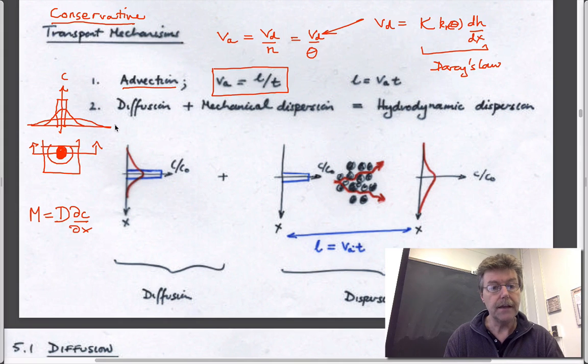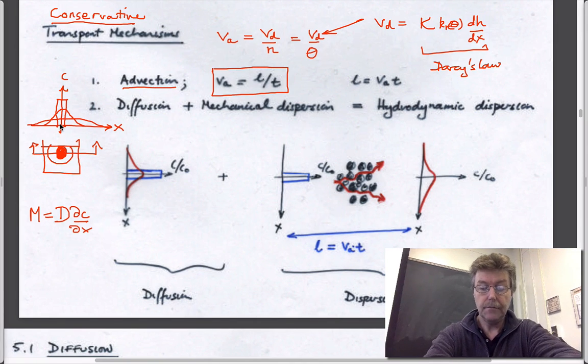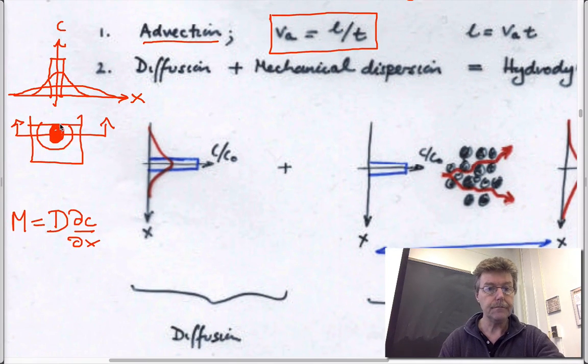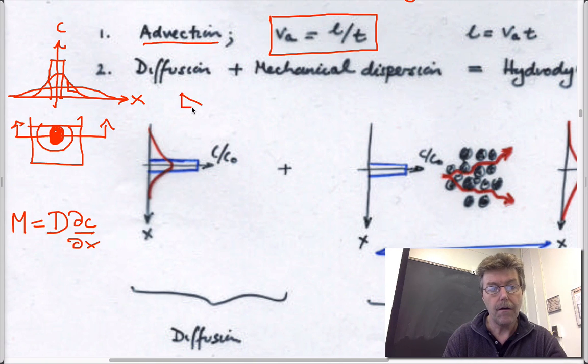Then this would be x here, and this would be the profile of concentration. I've not drawn this very well, I could make it bigger. If you think about it, this little triangle is exactly the change in concentration with the change in length. It's exactly this term here.